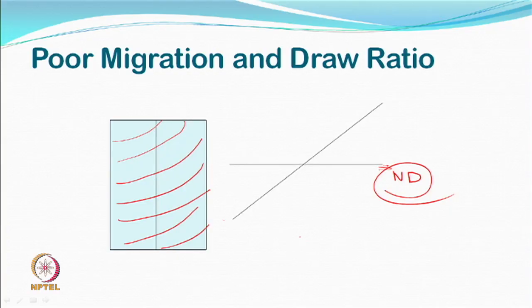So, you found one reason, migration, and the other reason was necking. When you draw a filament, you stretch parallel to its axis. So, you have a larger diameter undrawn material as it is being drawn between two sets of rollers.